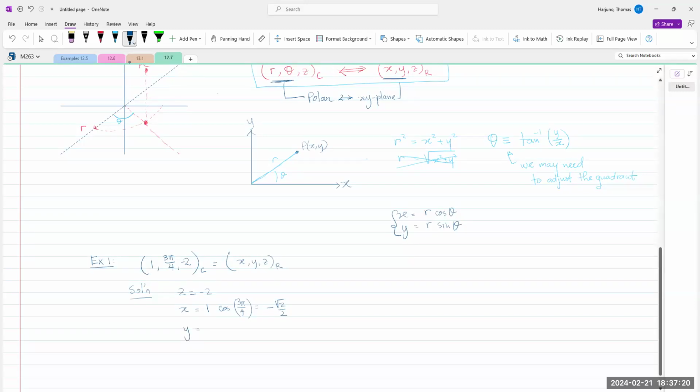The y is 1, which is the radius, times sine 3 pi over 4, which is positive √2/2. So (1, 3 pi over 4, -2) equals (-√2/2, √2/2, -2). This is in cylindrical, this is in rectangular.